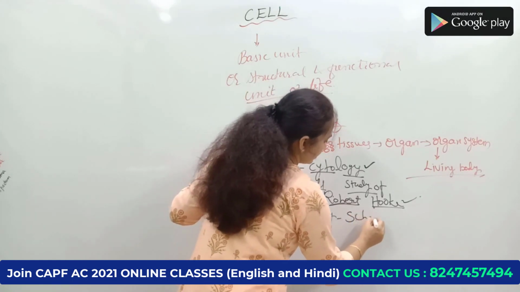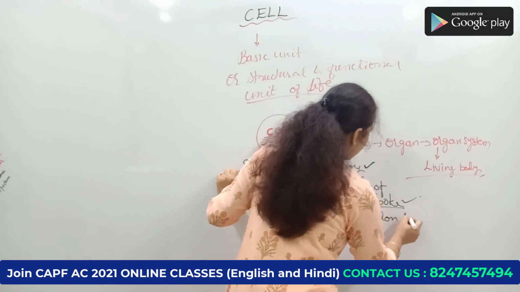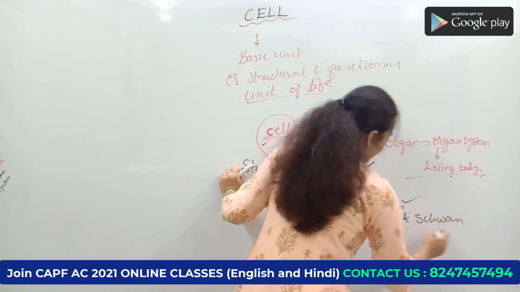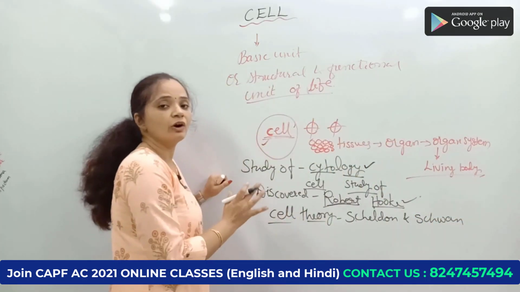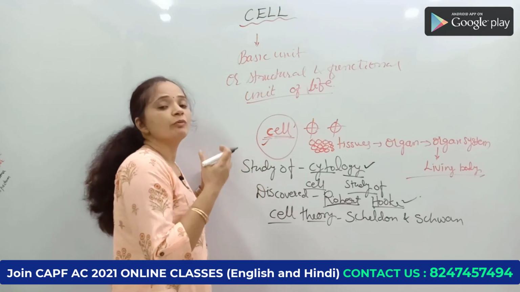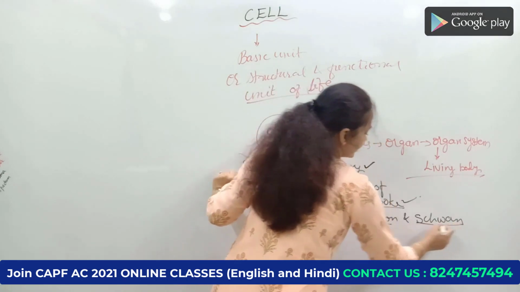Two scientists worked and mentioned that each organism is made up of one or more cells. That theory is given by the scientists Schleiden and Schwann.